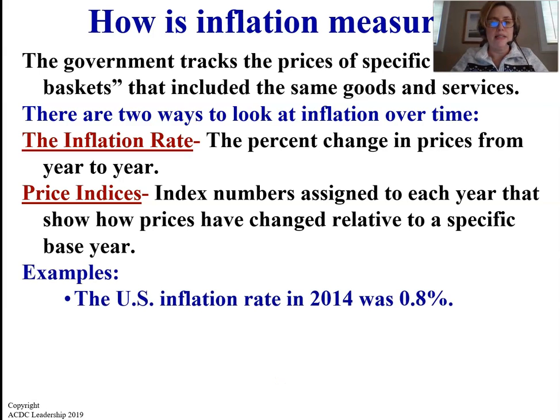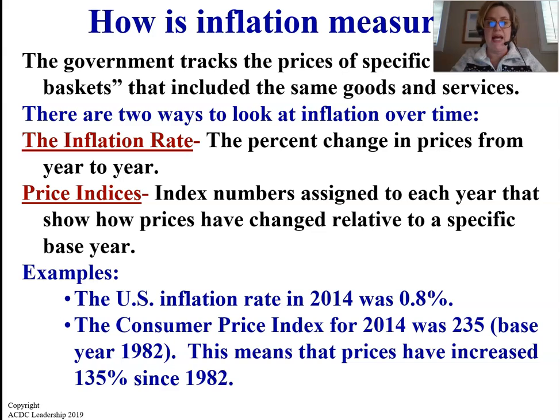So for example, the U.S. inflation rate in 2014 was 0.8%, and the consumer price index for 2014 was 235. And the base year that was used is 1982. So that means that prices have increased 135% since 1982. And we'll get to practicing these calculations.